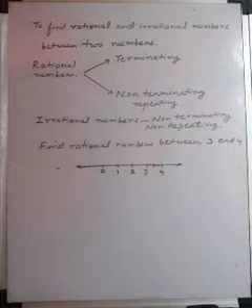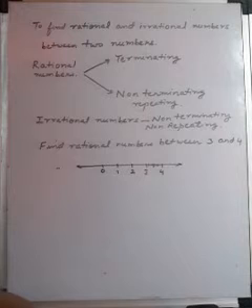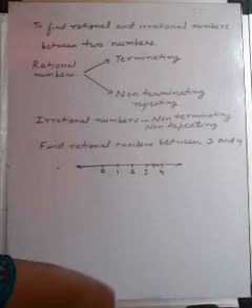Now as we saw yesterday, rational numbers are those numbers which have either a terminating decimal representation or a non-terminating repeating decimal representation.